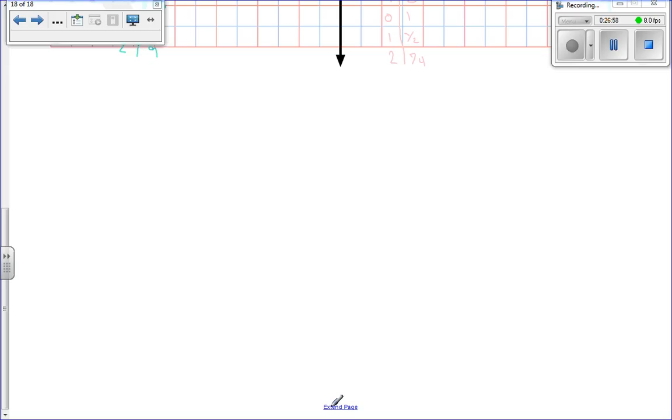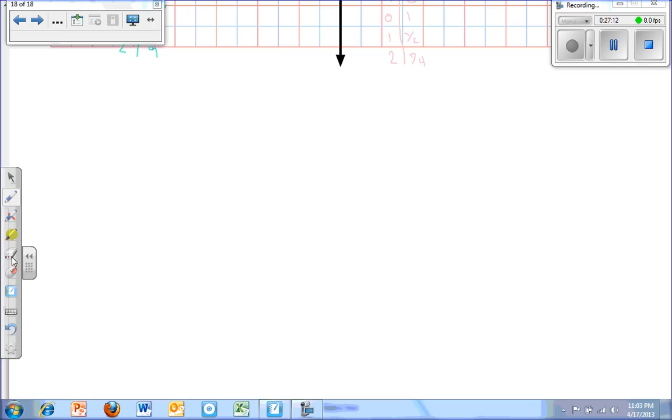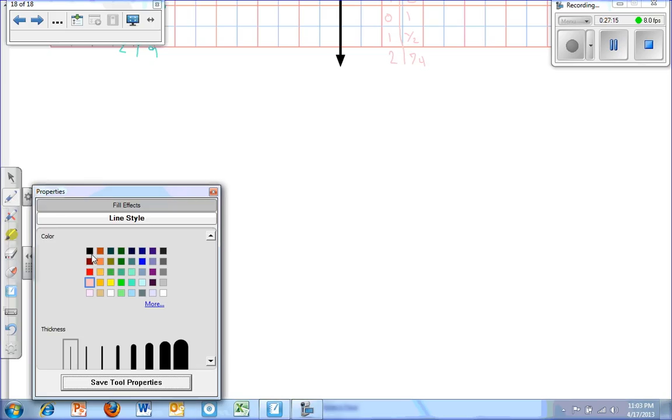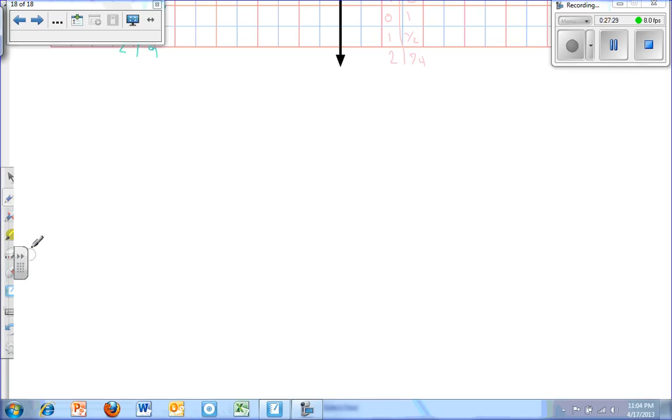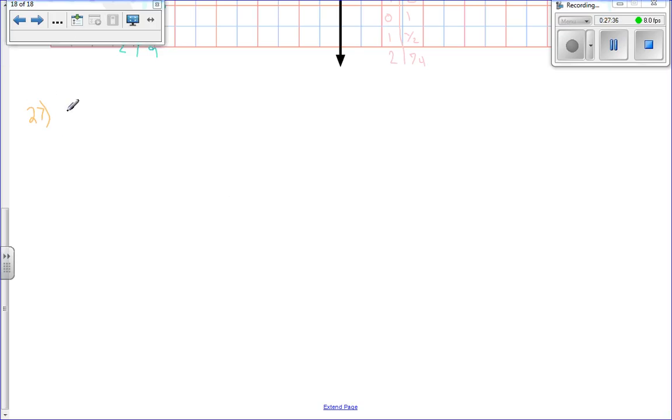Because we're compounding yearly, we have to use the simple interest formula. Okay, our formula is A equals a sub 0 times 1 plus r to the t.